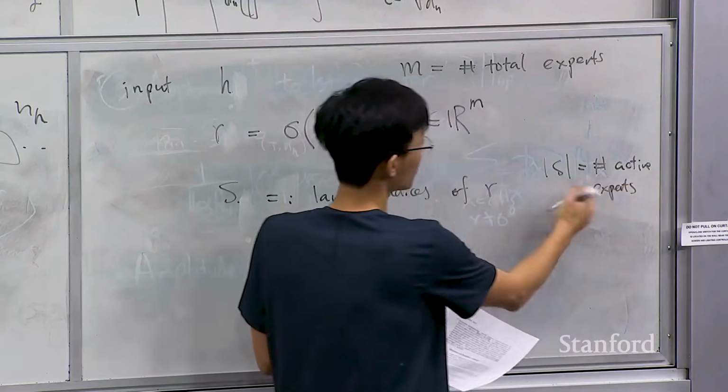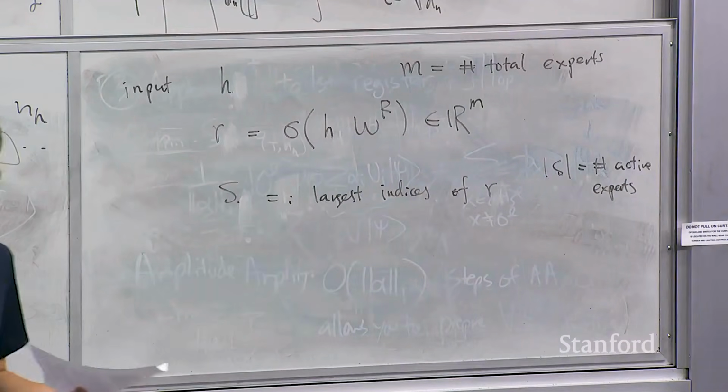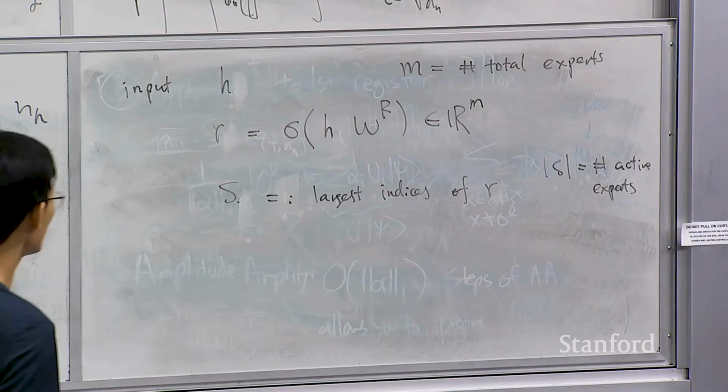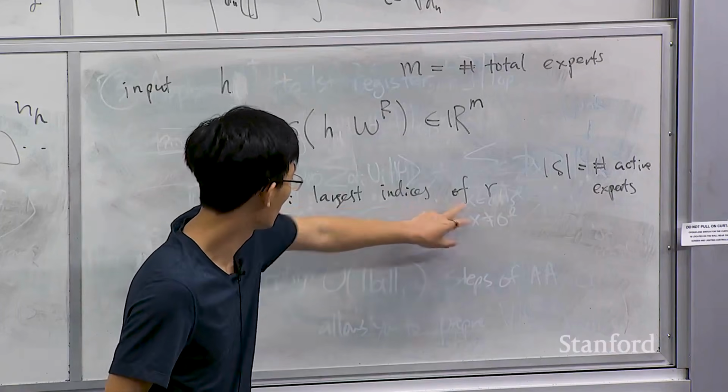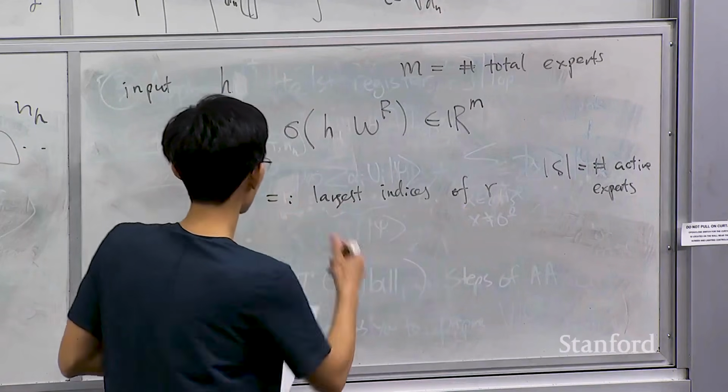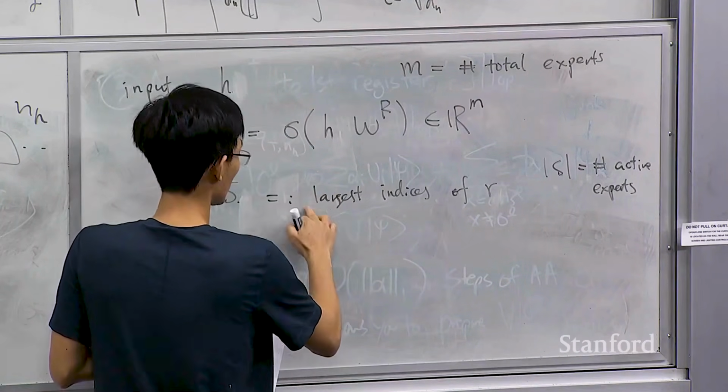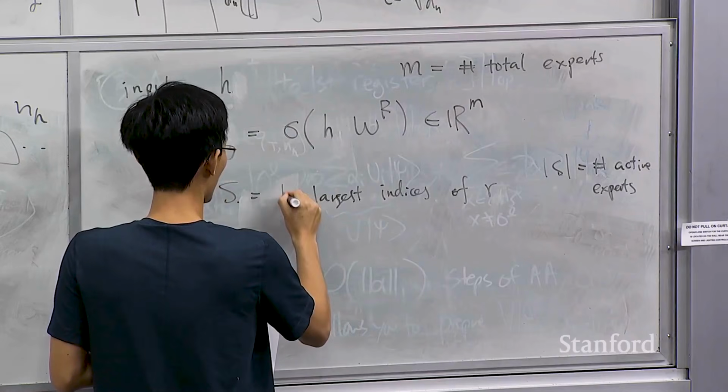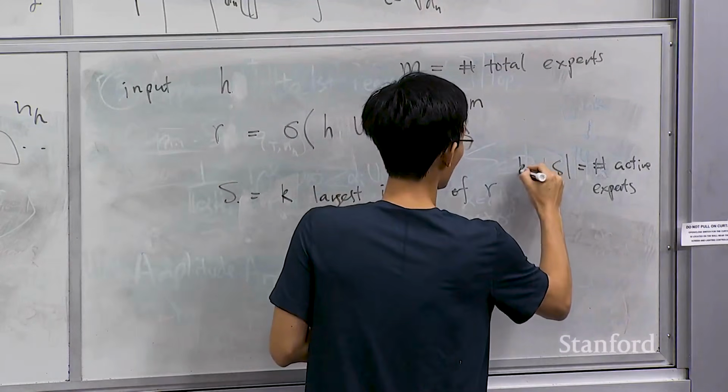So for example, S could be 8 and M could be 128, something like that. And then once you choose the set of largest indices of R, this is like the k largest, so this is equal to k.